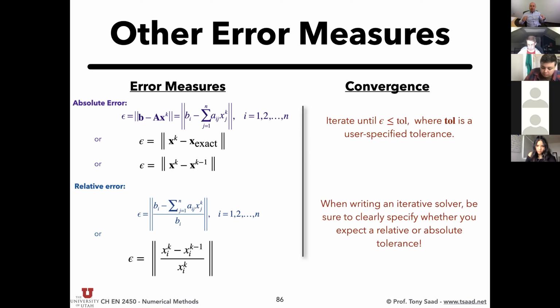Typically we always check the tolerance first, but we also want to make sure we don't overdo the iterations. What if you made a bug in your code? What if the system is unsolvable? You might take hundreds of thousands of iterations and not converge to a tolerance at all. So what you want to do in that case is put a maximum number of iterations.